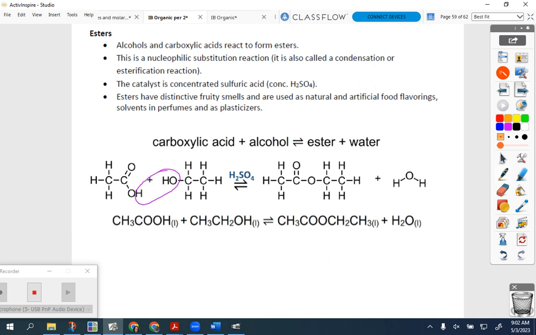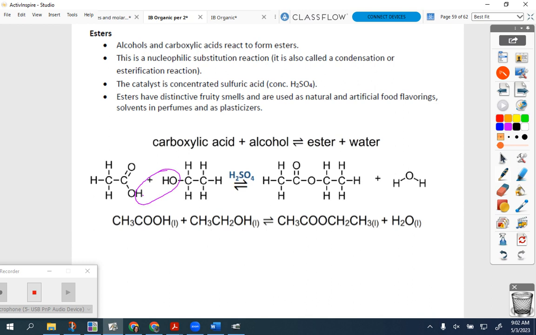I am 90% sure that this is how it works, that we lose the hydrogen off of the carboxylic acid and the hydroxyl group off of the other chain, but I could be wrong. It could be the hydrogen and the hydroxyl group. Honestly, I can't remember, but in any case, we're losing a hydrogen and an OH. Those are going to combine to make water, hence a condensation reaction where water is coming out of the reaction.